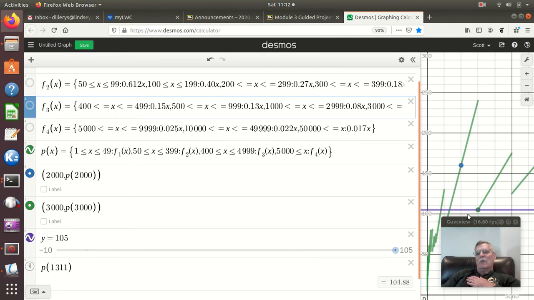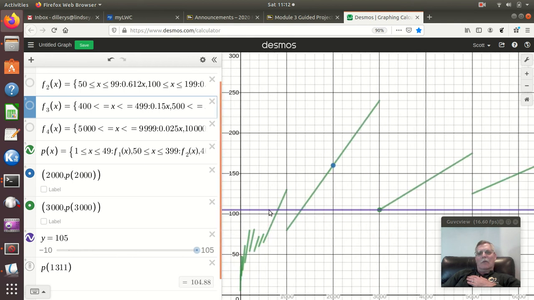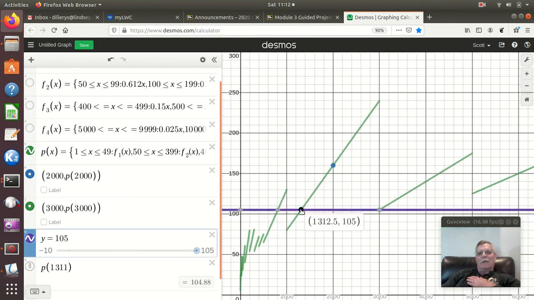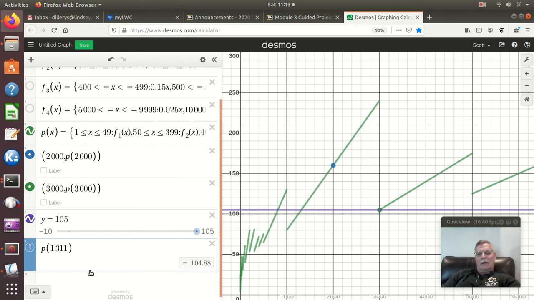Okay, but that's the idea. That's what we want to do, is find that line and go in here and find that spot, and by finding that spot we can do a little better. Well, I think I made a mistake here though. I don't know why I went with 1311. Check 1312. That's 104.96. I'm sure that's what's in the project.